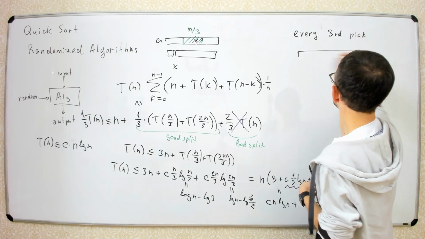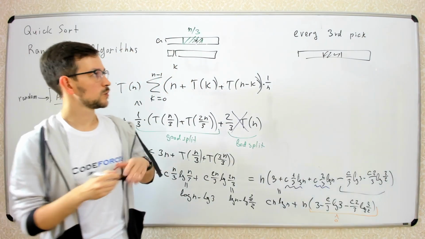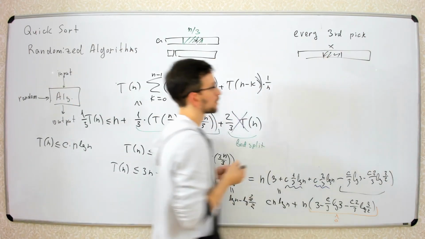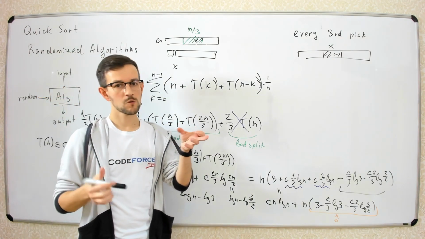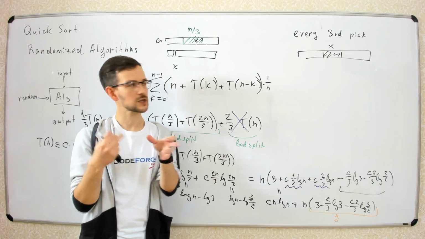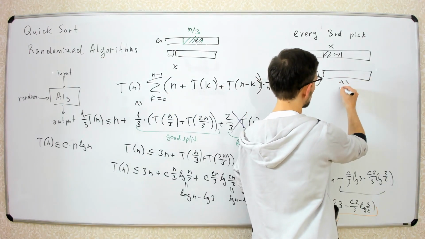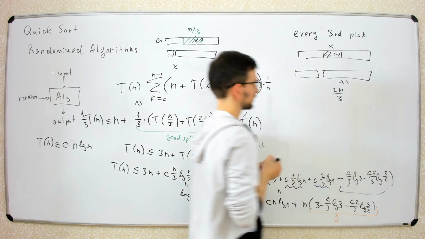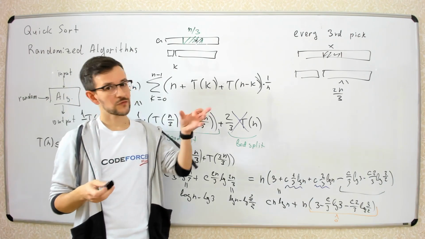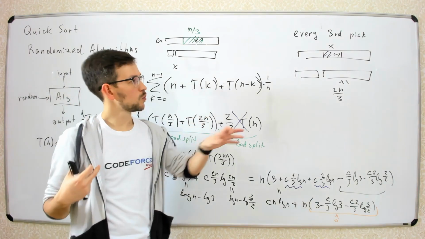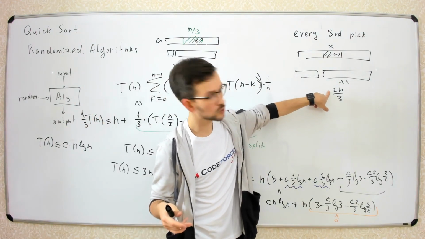When we pick an element from this middle group, we split the array into two parts, and both parts will have size no more than 2/3 of n. So every third split will decrease the size of the array by at least 2/3.